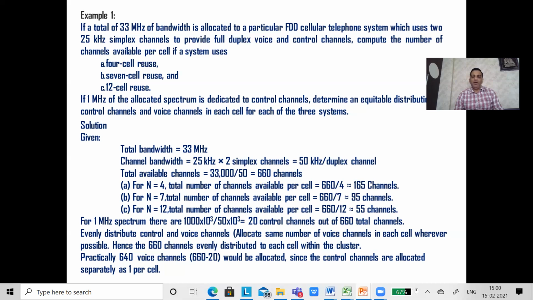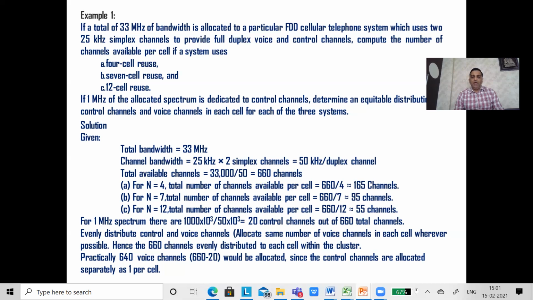Here for 1 megahertz spectrum, there are basically 20 control channels, which you can calculate by dividing 1 megahertz by 50 kilohertz. So that indicates 20 control channels, and these 20 control channels are out of the total 660 channels available.